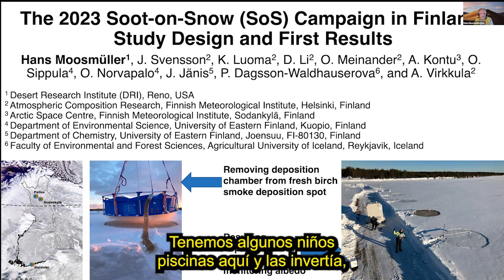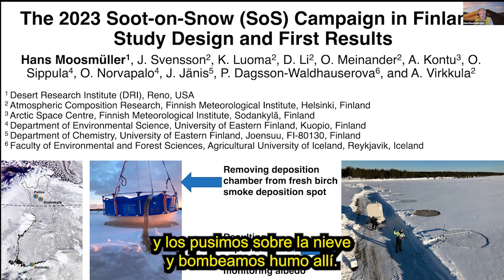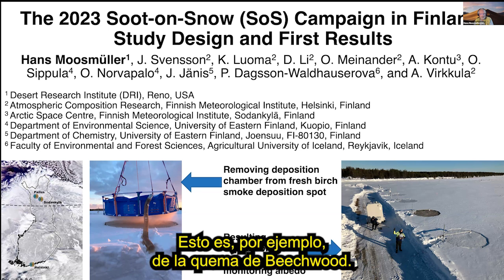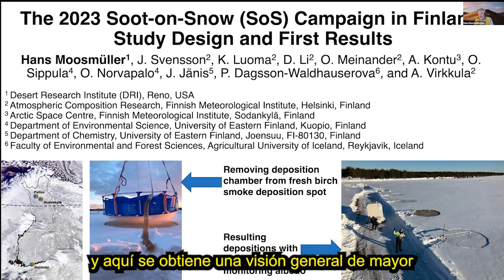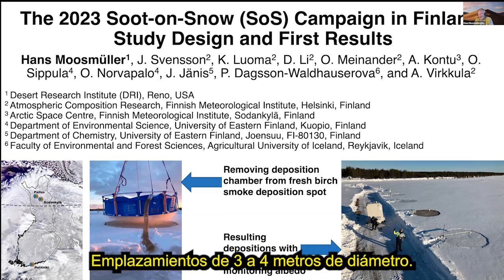So here's an example. We got some kids' swimming pools and inverted them, and we set them on the snow and we pumped smoke into there. This is, for example, from the burning of beechwood. And when we lift this up, you see the snow darkened radically here. And here you get an overview of our bigger 3 to 4 meter diameter sites.